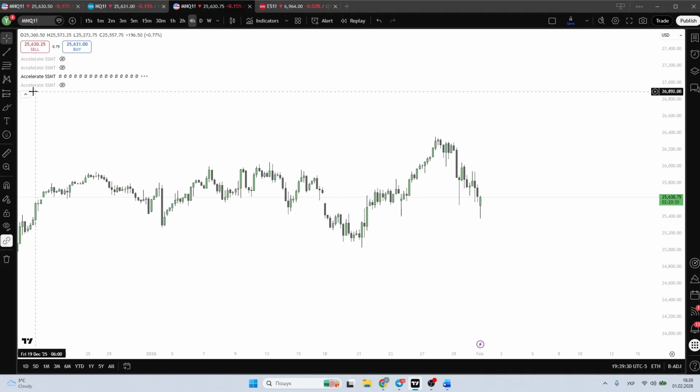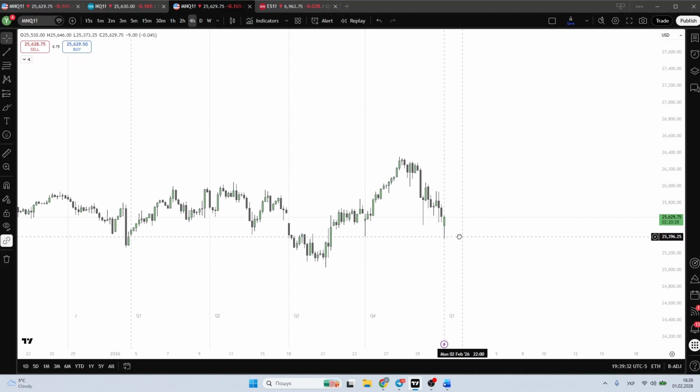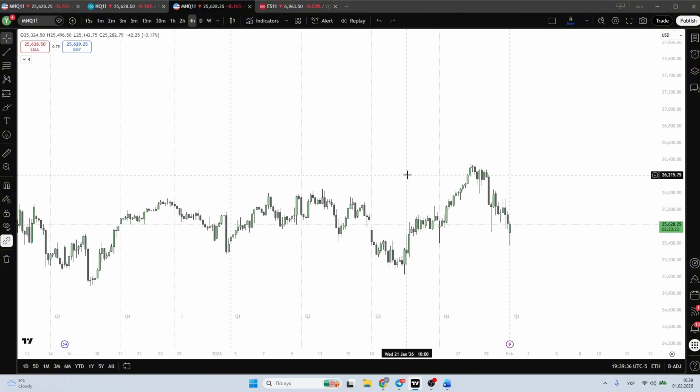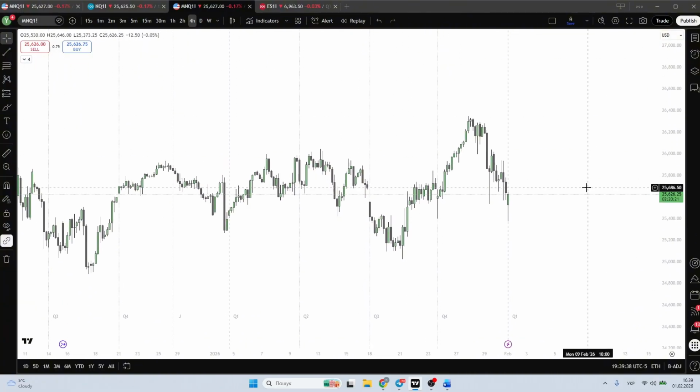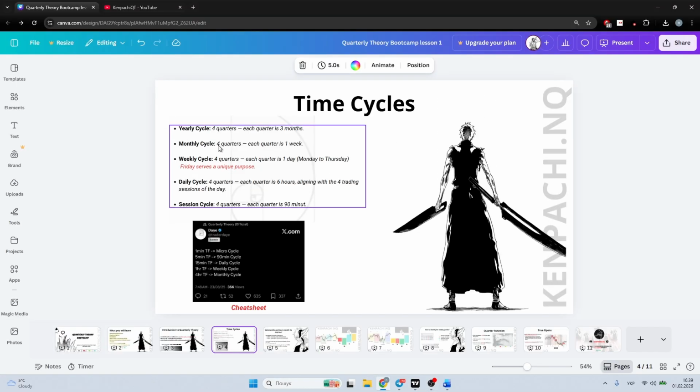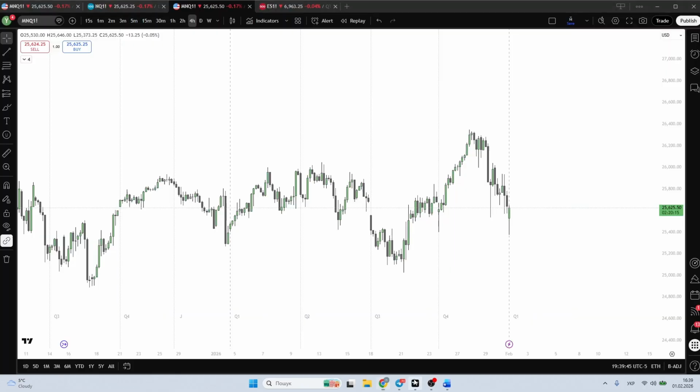Okay, personally I'm using this indicator. So I go on the 4 hour chart, and what I can see is that looking back, each quarter is 1 week. On 4 hours, each quarter is 1 week, monthly cycle.